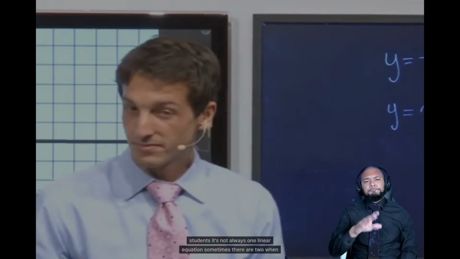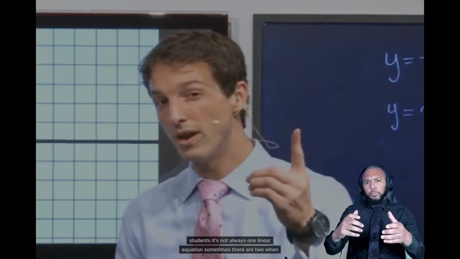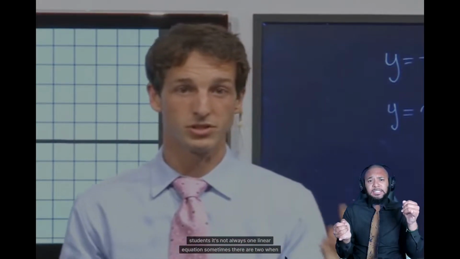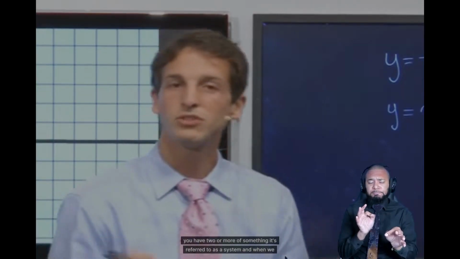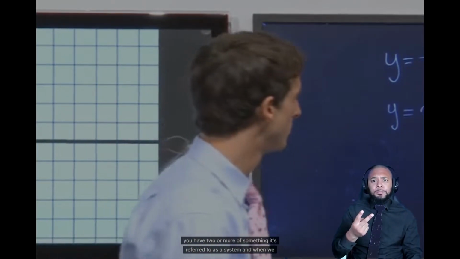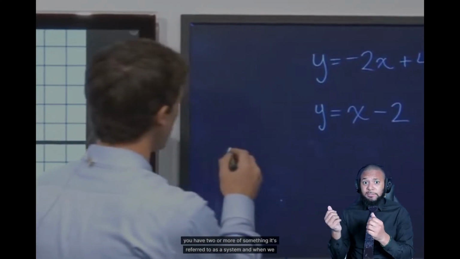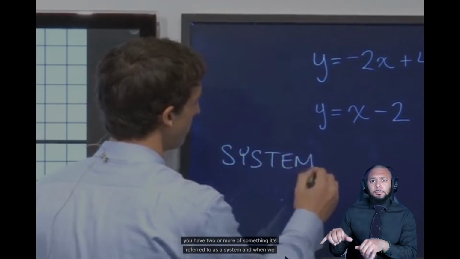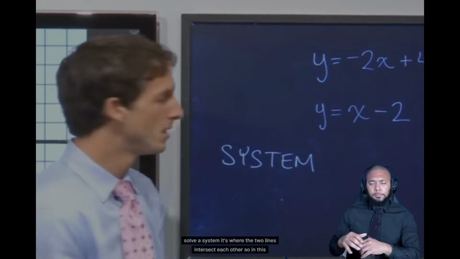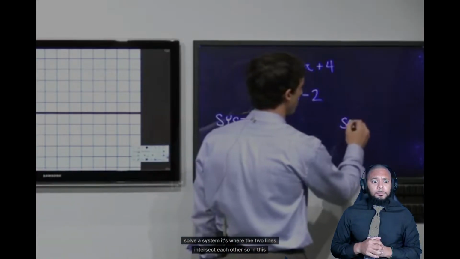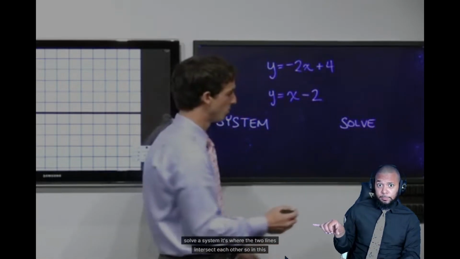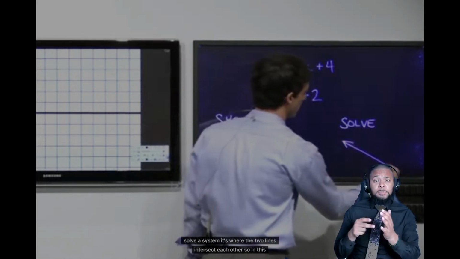Students, there's not always one linear equation. Sometimes there are two. When you have two or more of something, it's referred to as a system. And when we solve a system, it's where the two lines intersect each other.